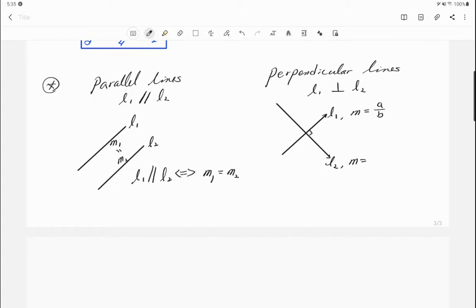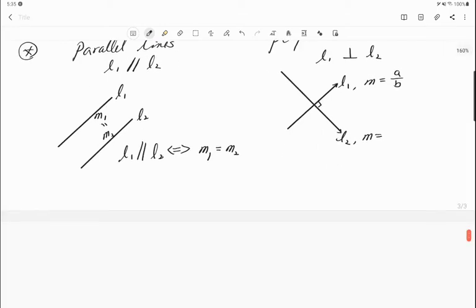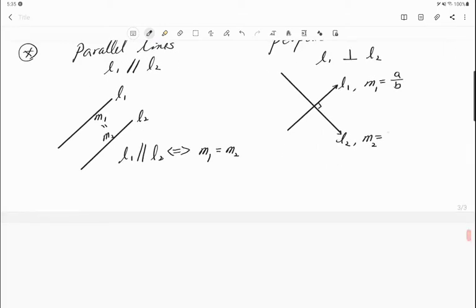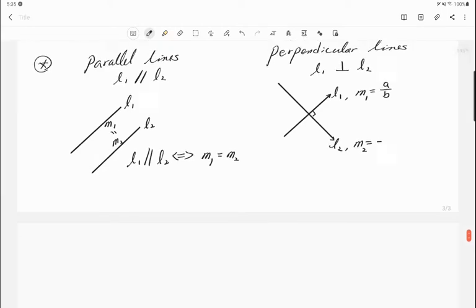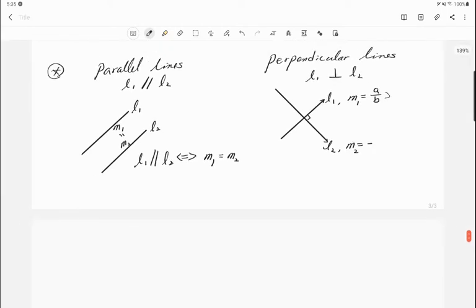The sign is negative because one is going up, then the perpendicular line is going down. So the slope has to be negative, right? And then we switch the numerator and denominator, b and a. So if you know the slope of a line, then the slope of the perpendicular line is: change the sign of the slope and then make it reciprocal.